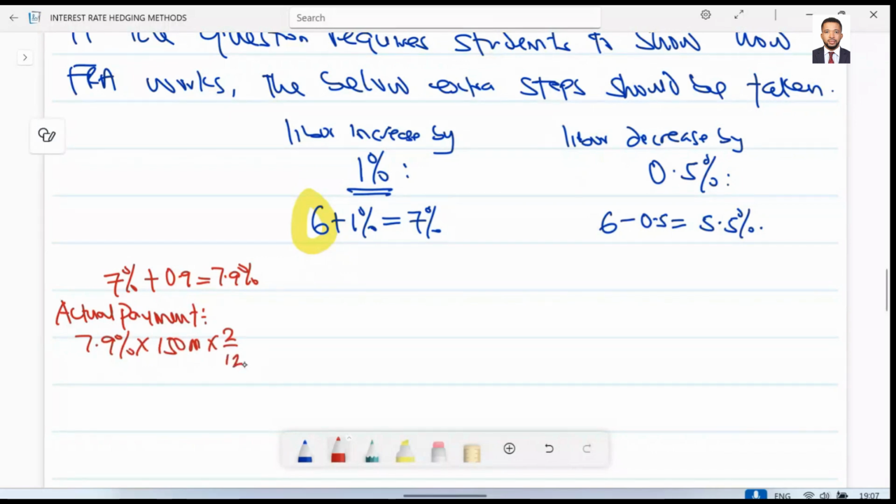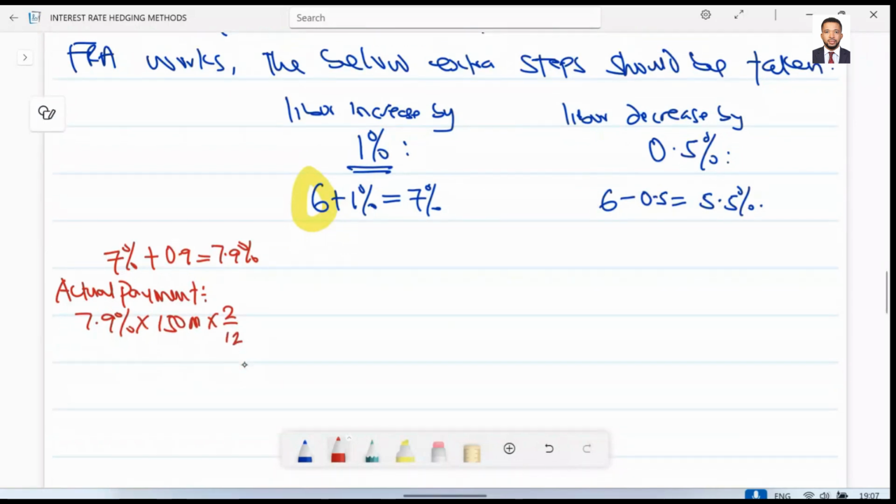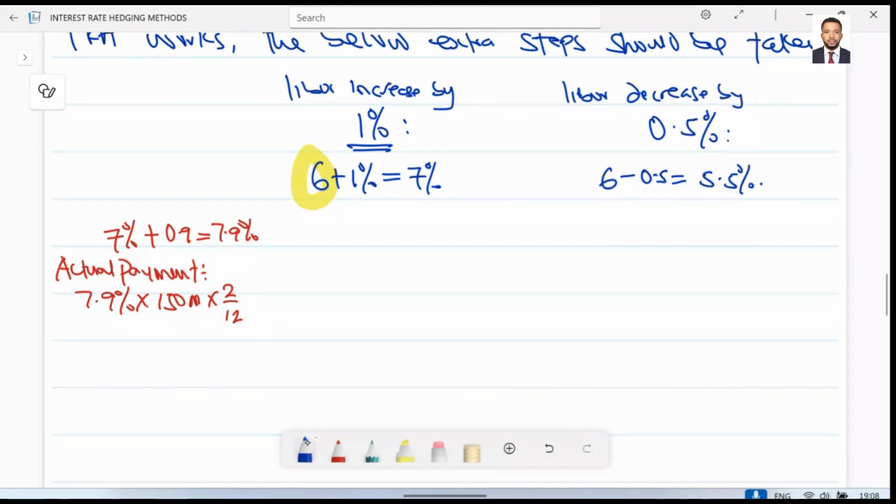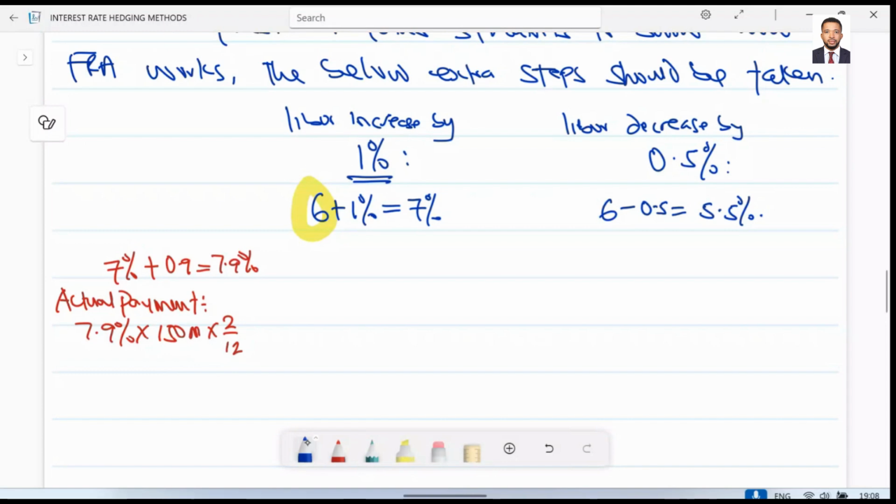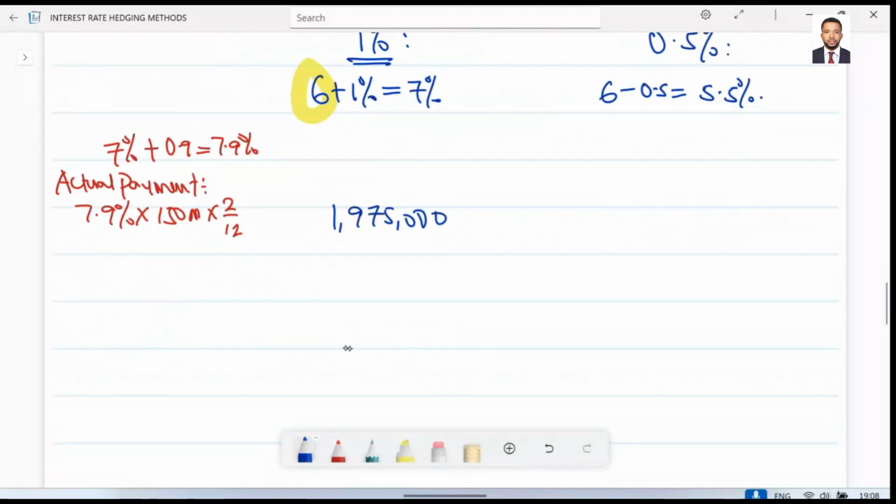That's how much they are debiting. How much is it? 1,975,000. Now look at effective payment.